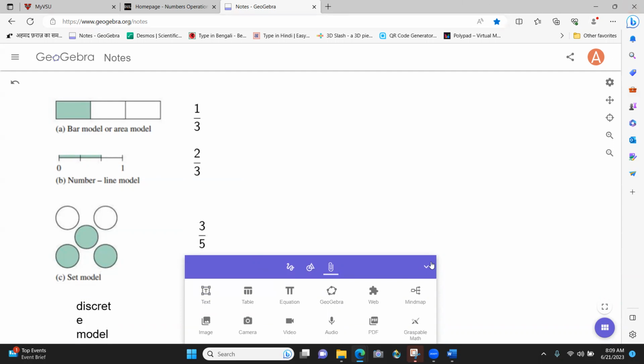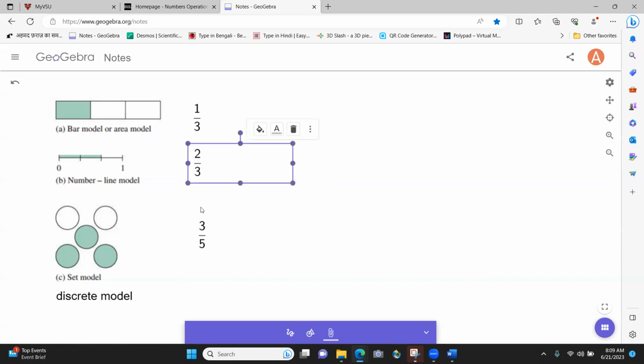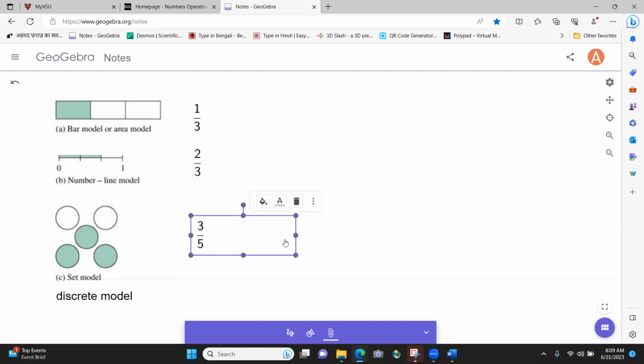Now, do you have to remember these terms? Not really. You don't have to. I won't ask you to describe the discrete model or set model. However, you want to be familiar with all formats because you will see them in our problems and you will also see them in your books, the books that you will use to teach. Okay?